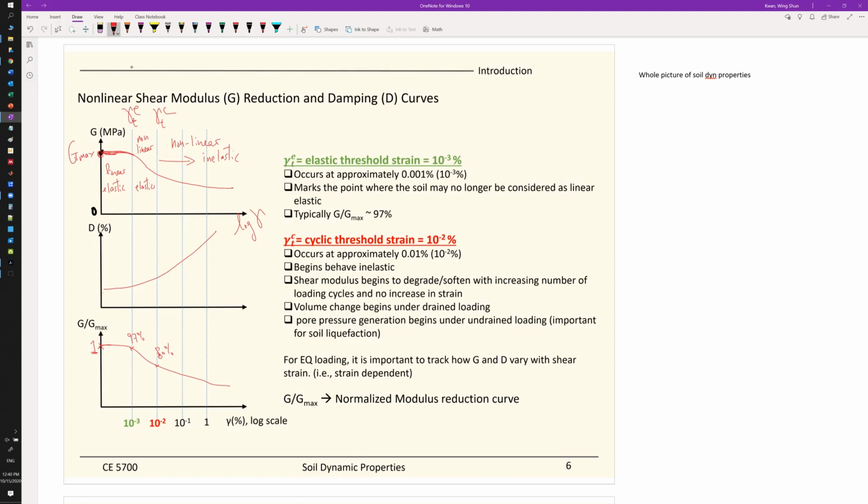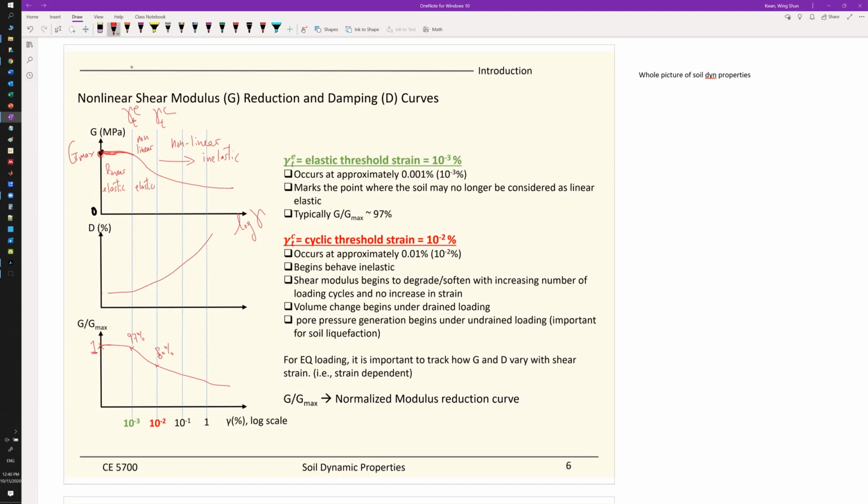And again, you kind of couple this with the Gmax, so you have the linear part, in the linear elastic region, and then you start to behave nonlinearly after that point.